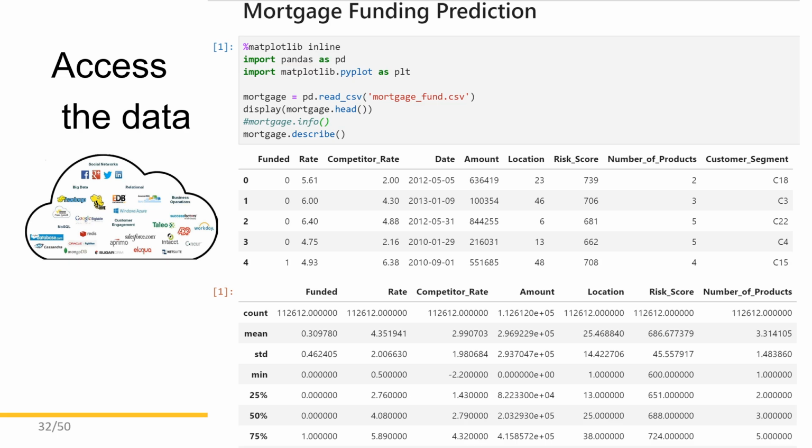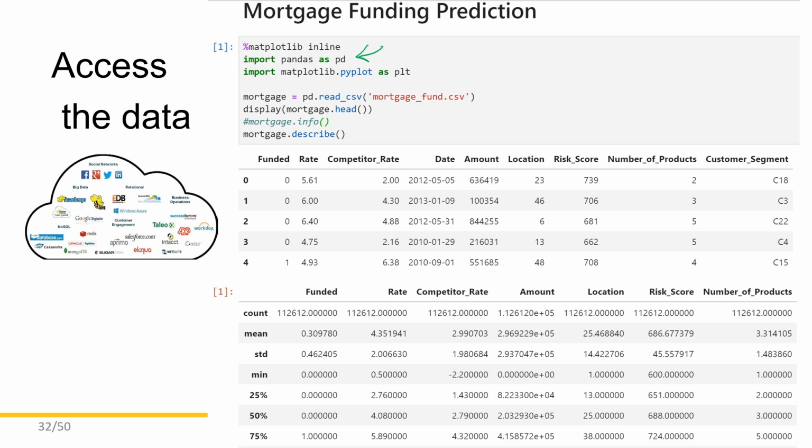So the first step is for you to try to load the data. The way that you load the data is that you could use a library called Pandas. Pandas is a library that allows you to work with spreadsheets, or data frames, as they usually call them.